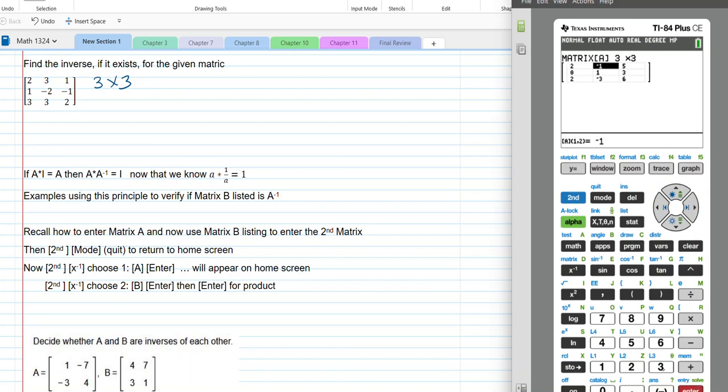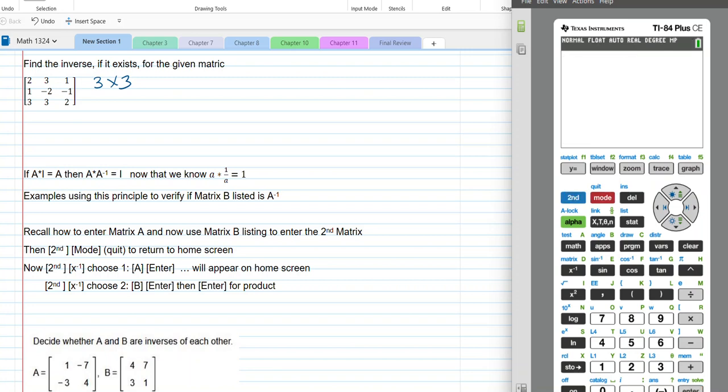2, 3, 1, 1, -2, 1, -1, sorry, 3, 3, and 2. Okay, I'm going to double verify here. So my first column is 2, 1, 3, good. 3, -2, 3, good. 1, -1, and 2, good.